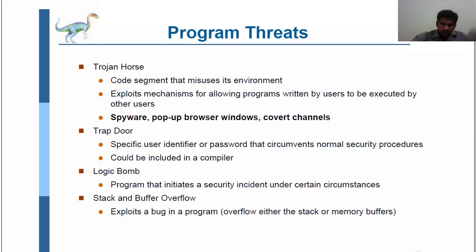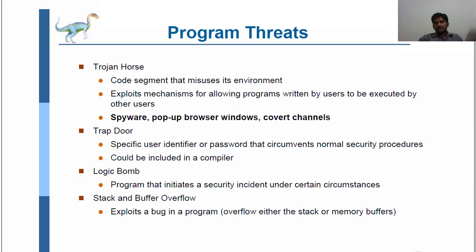Just tell me, what is a Trojan horse? It's a virus. The code segment that misuses its environment. That is the simple definition I gave. What is a virus? It is an unwanted file that eats wanted files. It damages or kills a wanted file.